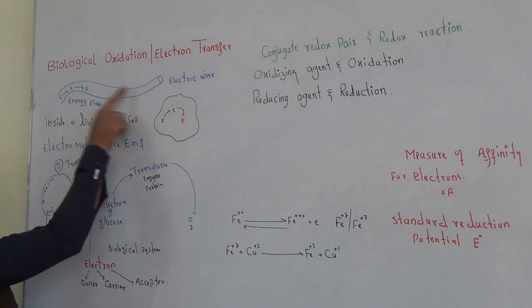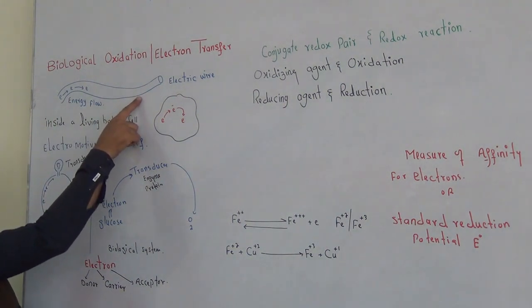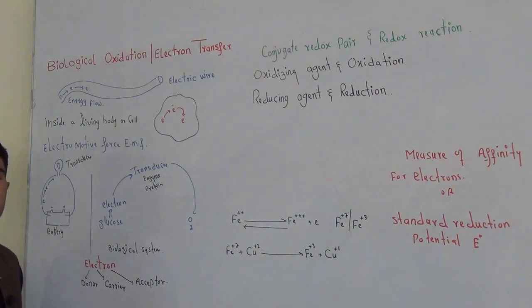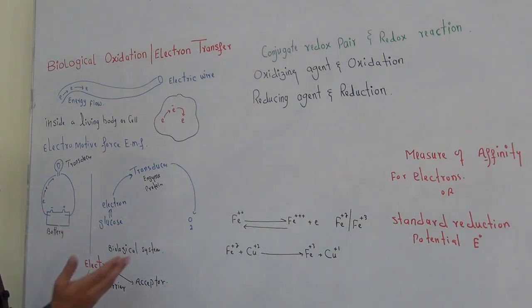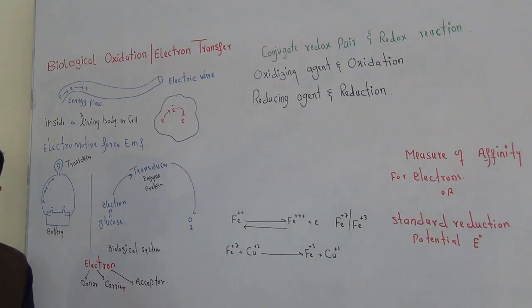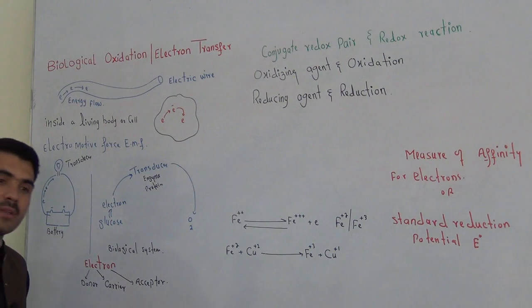And when that current or electrical energy reaches the bulb, or any kind of device, it would give its energy to the bulb, and the bulb will light up. So similar is the case in the living body. Inside the living body, again electron transfer takes place.